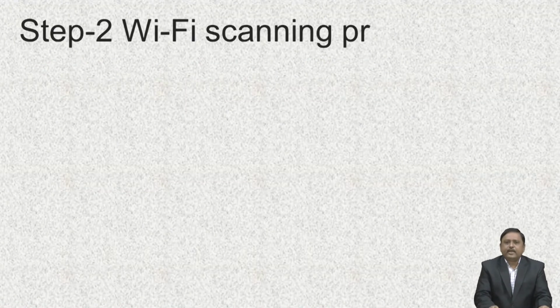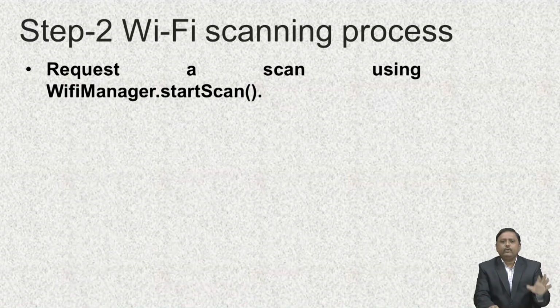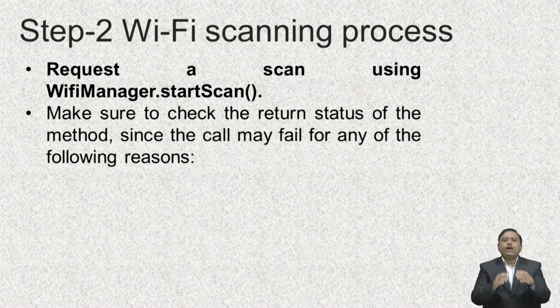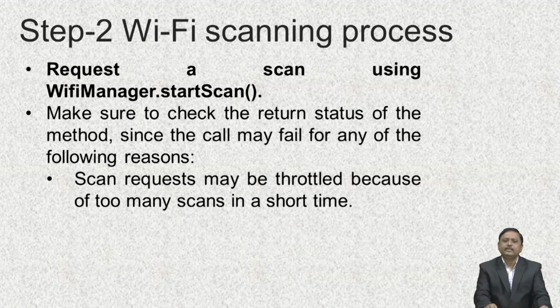The second step is to actually request a scan using WifiManager.startScan. So basically, this is the actual process for scanning. You have to make sure to check the return status of the method, since the call may fail for any reason. Now, why might it fail?